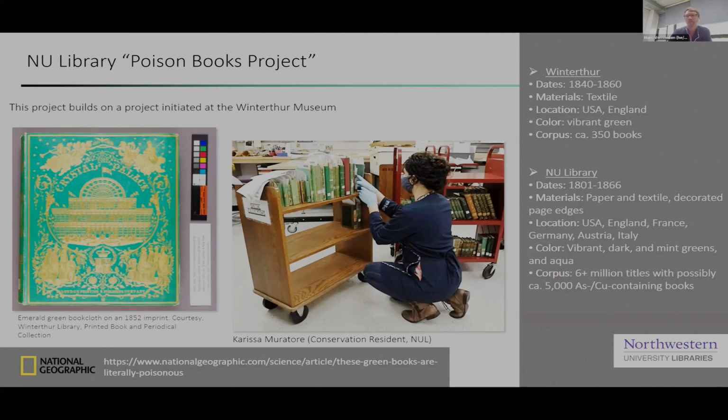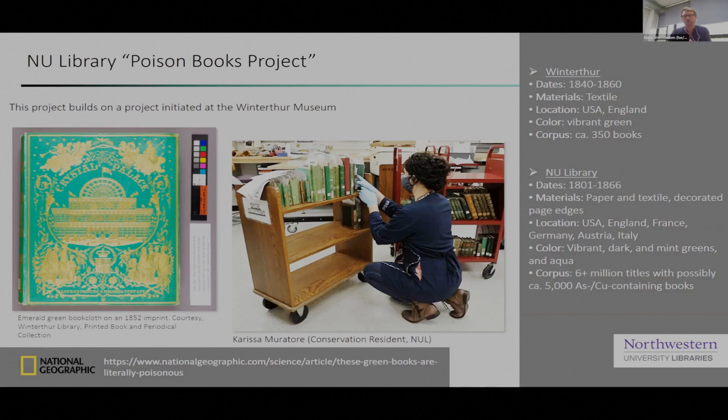When Carissa joined Northwestern University Libraries, she decided, along with Susan, to send us at NU Access a request for a project to continue the research on green book bindings from the 19th century.